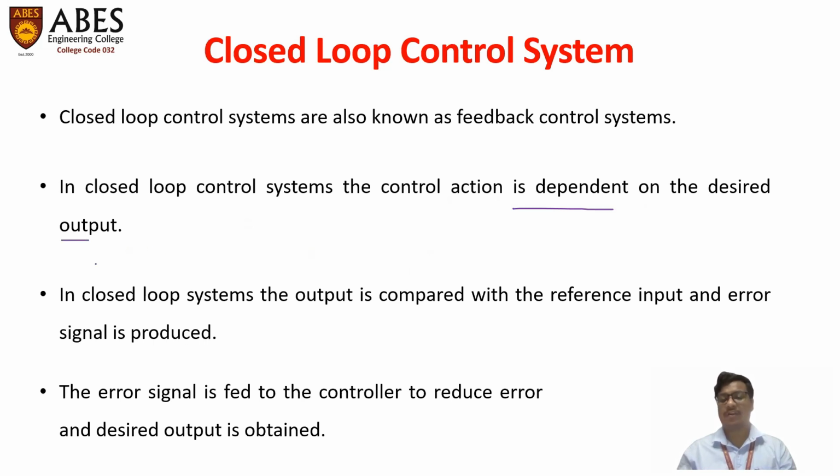The actual output is compared to the desired input and the error signal is produced. Then the error signal is fed to the controller to reduce the error and we get our desired output.